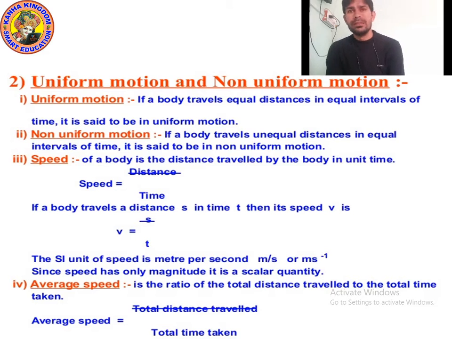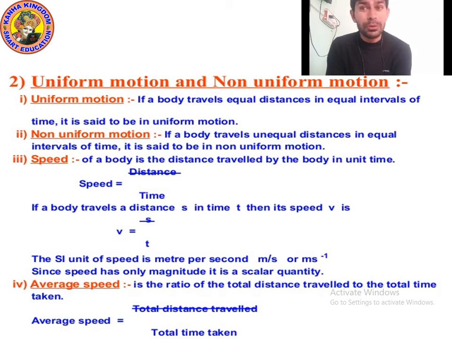Since speed has only magnitude, it is a scalar quantity. Whenever we talk about a vector quantity, we also show the direction. When you drive a bike, you say, today I am driving the bike at 90 kilometer per hour, or 50 kilometer per hour. You never say, I am driving the bike at 90 kilometer per hour in the south direction.